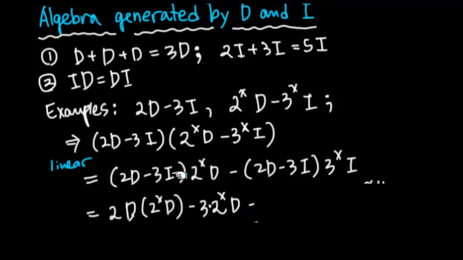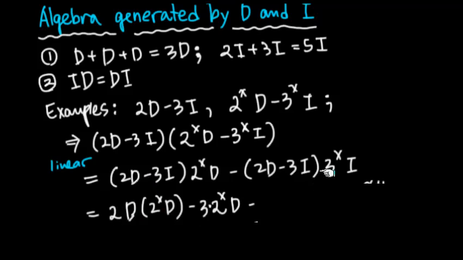Since I is the identity operator, when you multiply this operator by I, they just become 2^x D. That's why you see 3 times 2^x D and I disappears. But you see 2^x D written to the right of this operator.